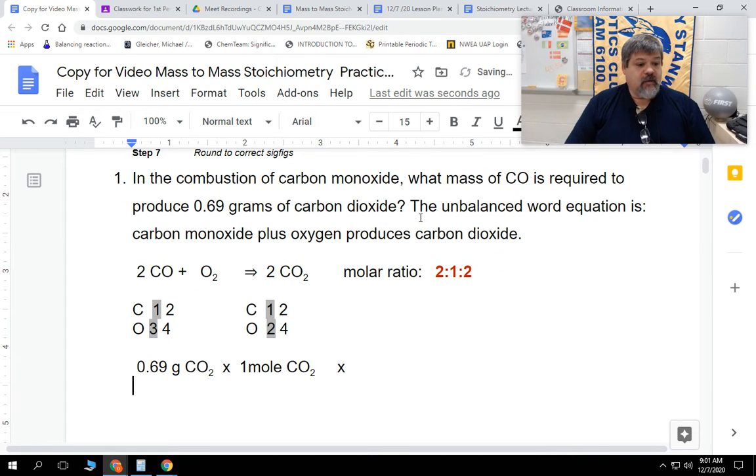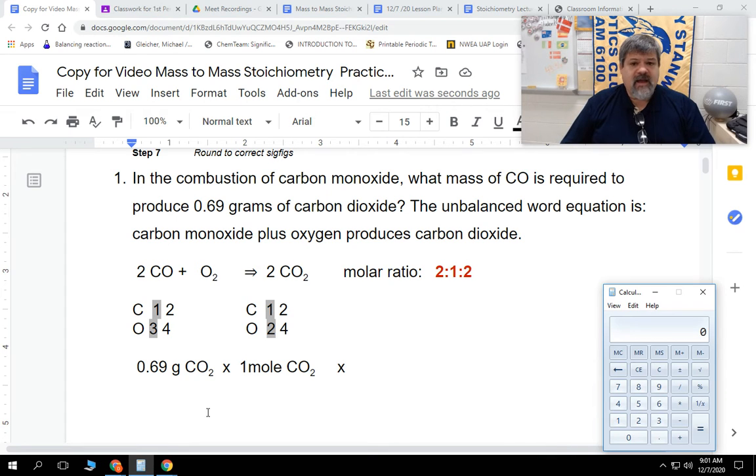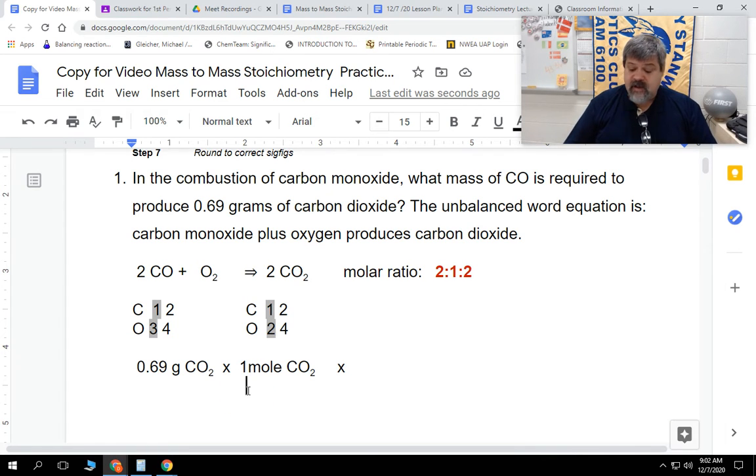And if I go down to the bottom, I know that I'm going to have our grams of carbon dioxide, which if I did it in my head, the molar mass could be a little bit different. So we know that we have 1 carbon at 14 plus 2 oxygens at 16 each, which is 32. So we're going to add 32 to that. That equals 46. So we know that down here we're going to have 46 grams of CO2.